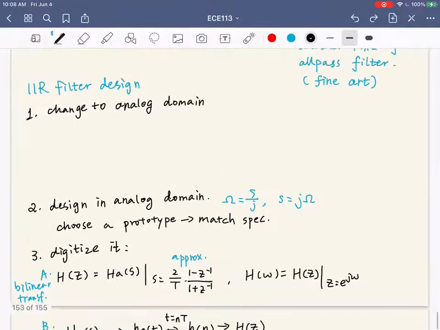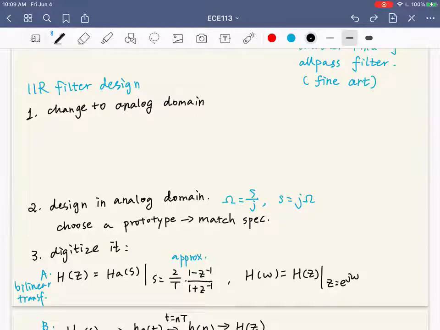The main difference here is we would like to tackle it in the analog domain, right? Even though IIR filter is not in the analog domain, we want to change it to the analog domain to finish the design, and then we digitize it back to use it in the digital context.